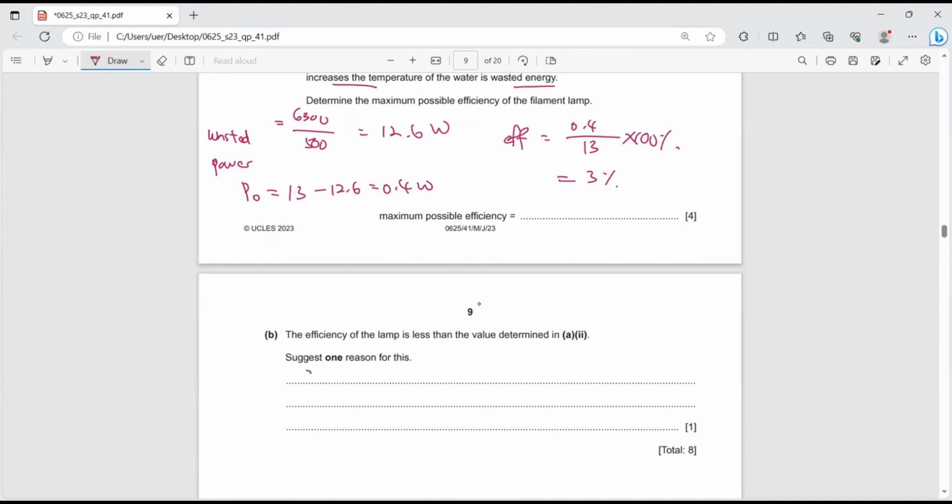Some heat energy is lost from the water to the beaker, for example, because the beaker heats up together also. Or you can say some water evaporates also, so it affects the result.